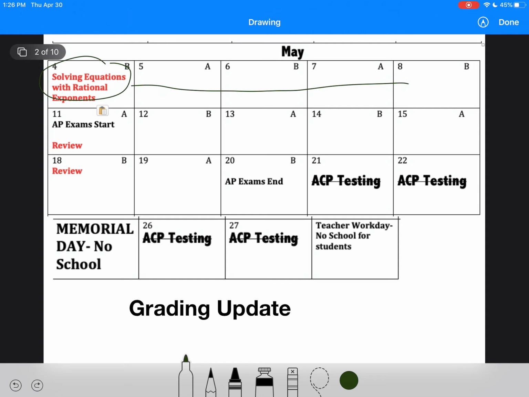I still haven't gotten any information about what is going to be in place of ACP testing, and as soon as I get that, I'll send that out. There is a grading update, however. Across the district, they're changing it to 1 grade a week now. What that means is for this 6 weeks, you will only have 6 grades. That is for all of your classes.